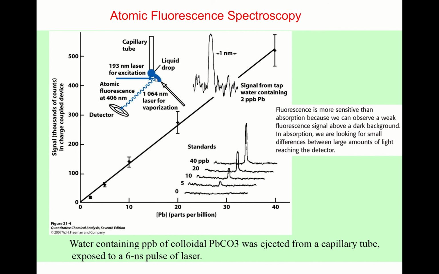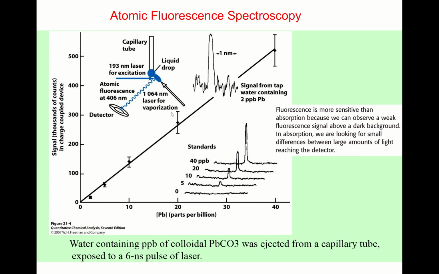Atoms now generate the fluorescence, and the fluorescence at a specific wavelength is detected. In this case, at 406 nanometers. This is characteristic of the lead atom. This fluorescence intensity is detected by the detector, this one here.